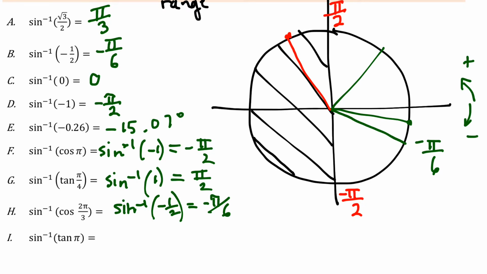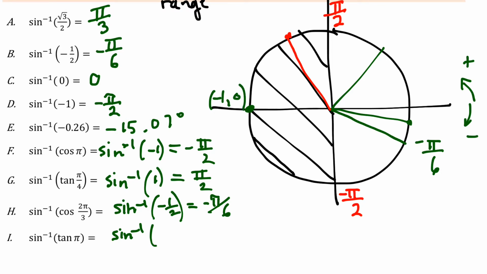So we have one more to do here. This says the inverse sine of the tangent of pi. All right, pi is over here. So let's write this out. This is negative 1 cosine and 0 sine.